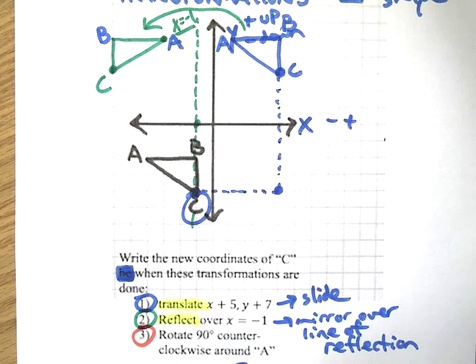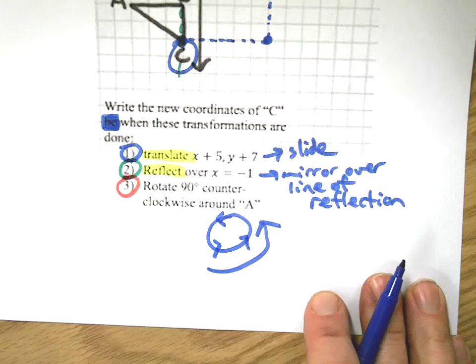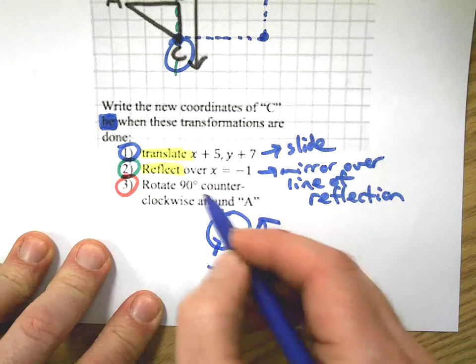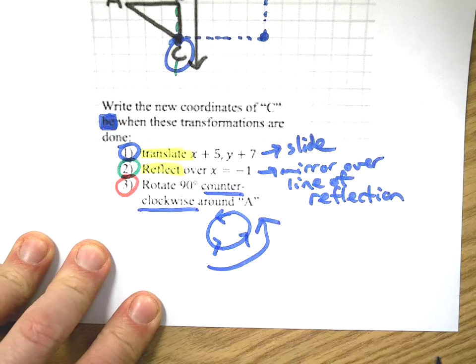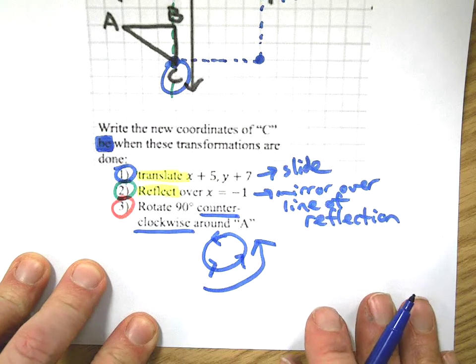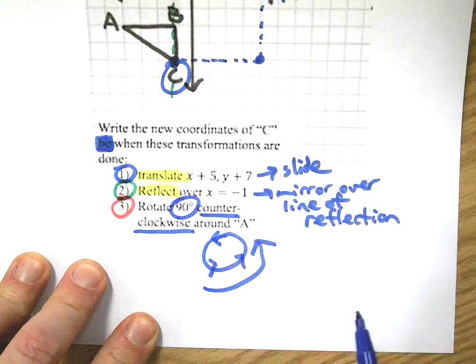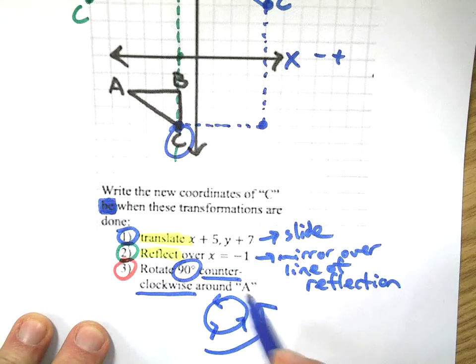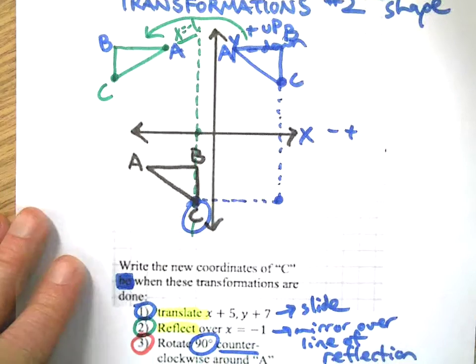So we're going to rotate it counterclockwise, which means there's a clock. We're going, whoopsie, off camera. We're going backwards around the clock. Counterclockwise. Opposite direction. Against the clock. 90 degrees. Okay, around A.